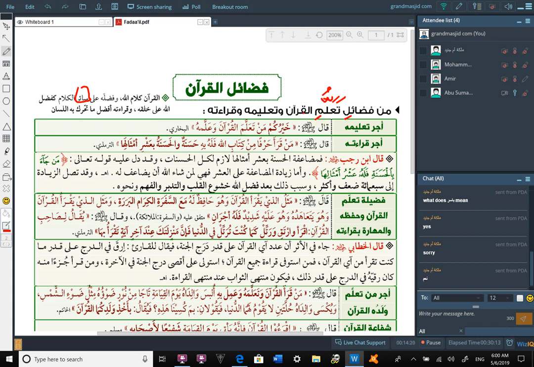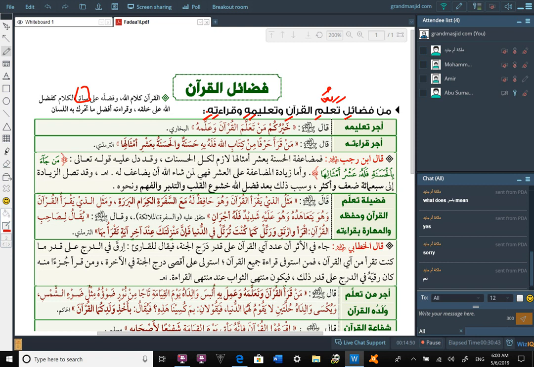Ta'allum means to learn, learning. Min fada'ili ta'allumi al-Qur'ani, from the virtues of learning the Qur'an. Wa ta'limihi, and teaching it. Wa qira'atihi, and its recitation.